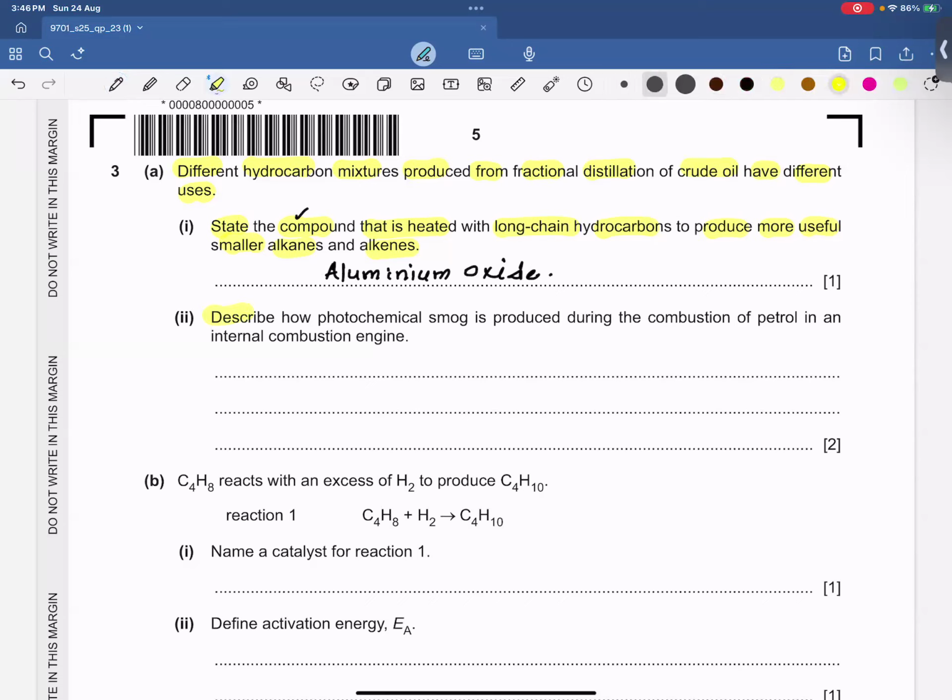Next is describe how photochemical smog is produced during the combustion of petrol in the internal combustion engine. So first of all, during combustion of petrol, unburnt hydrocarbons are produced.